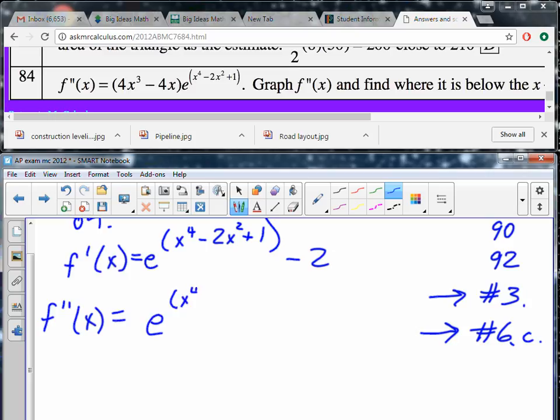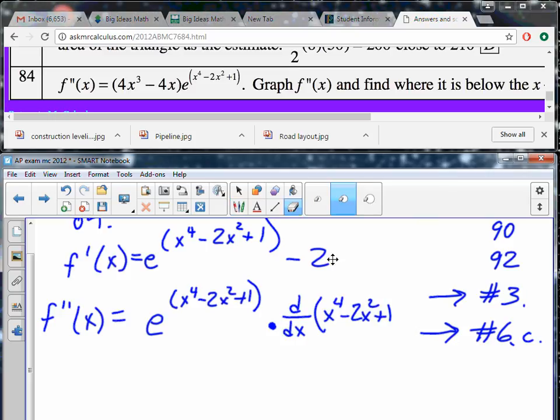Just put it up there. No matter how long it is, just put it up there. Times, chain rule, the derivative of that something. And I'm going to do it in 2 steps, plus 1. Jamie, can I move these?